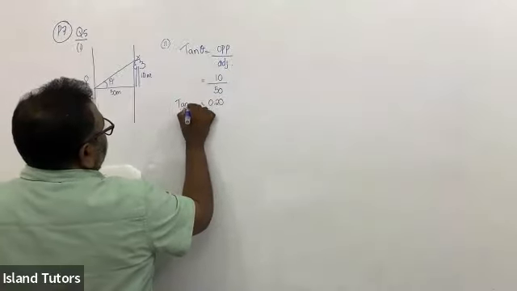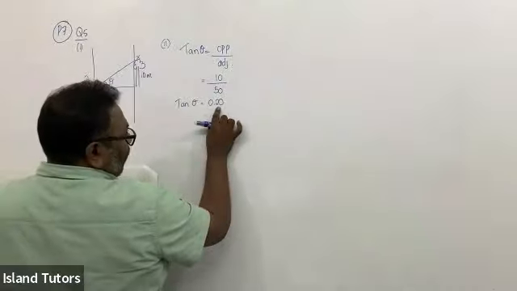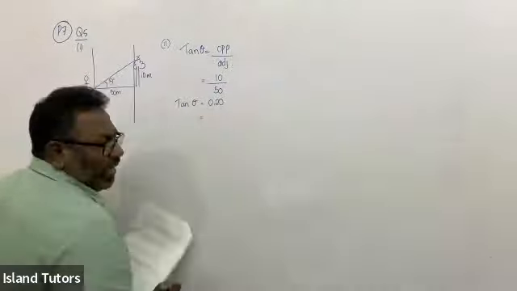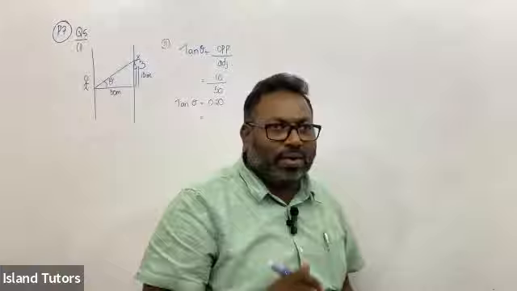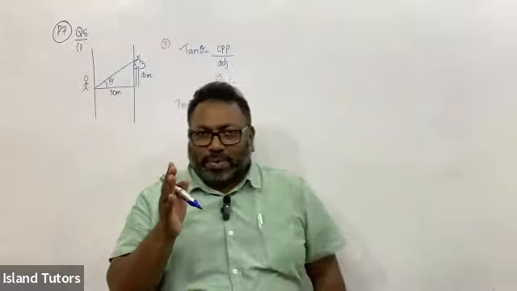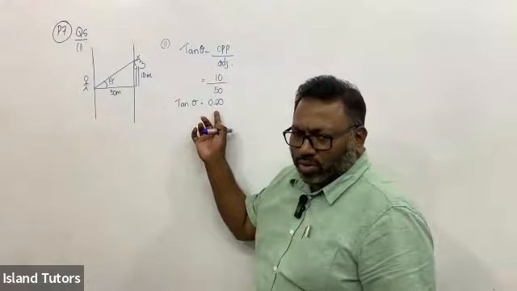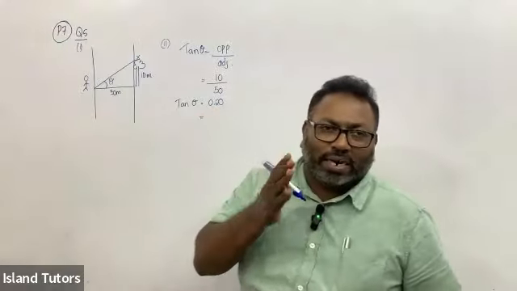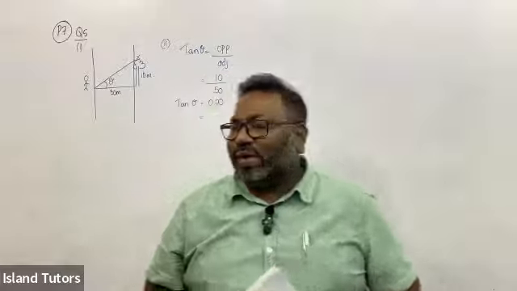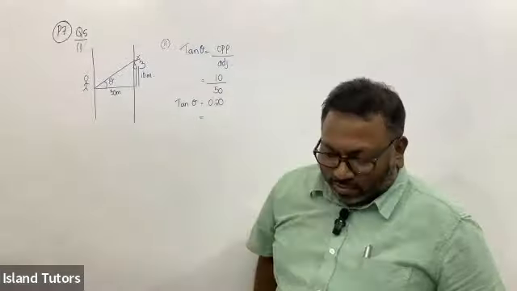So tan theta is 0.2. Somebody quickly go through your tan table and look for 0.2, and tell me what is the angle of elevation, the theta that you are getting over there, quickly.